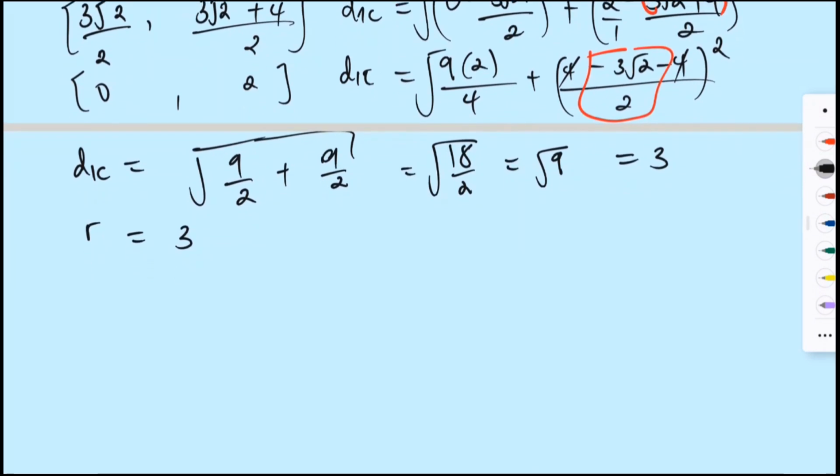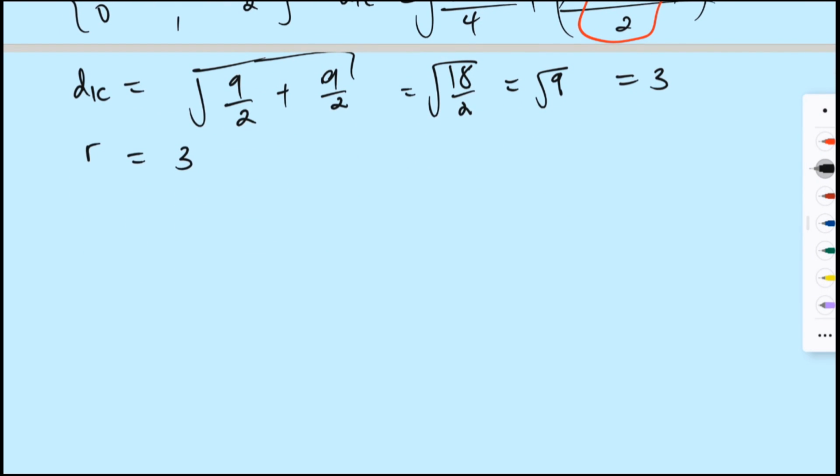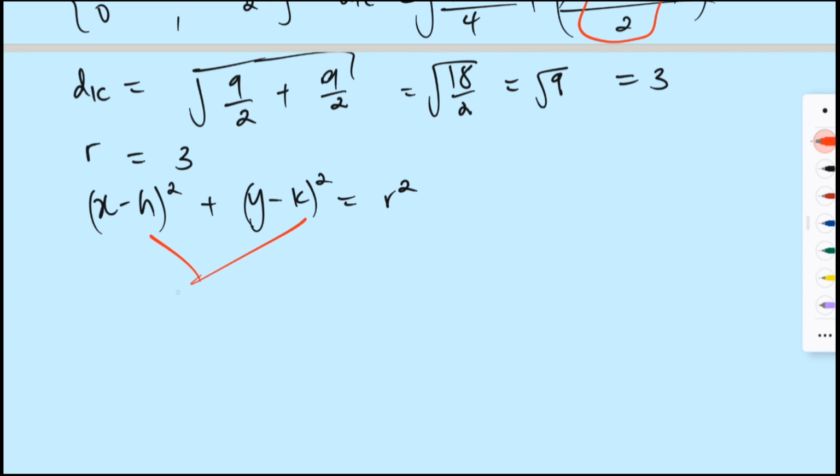Now, how do you get the equation of a circle? We have the general formula, (x minus h) squared plus (y minus k) squared equal to r squared. h and k would be the center, which was (0, 2).